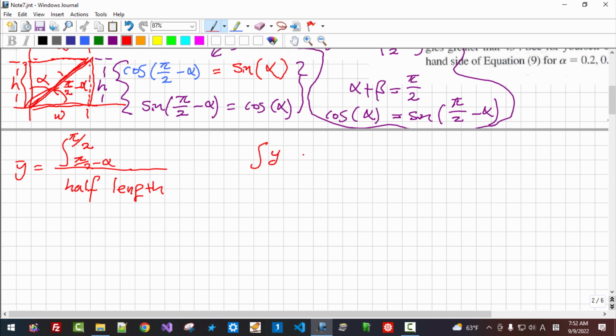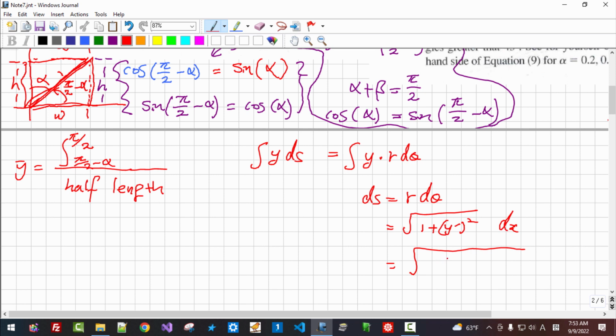In this equation, y r d theta. ds can be r d theta, or square root of 1 plus y prime squared dx, or square root of 1 over y prime squared plus 1 dy.